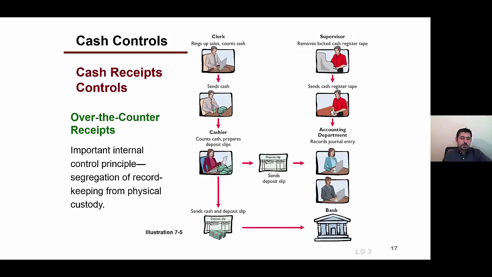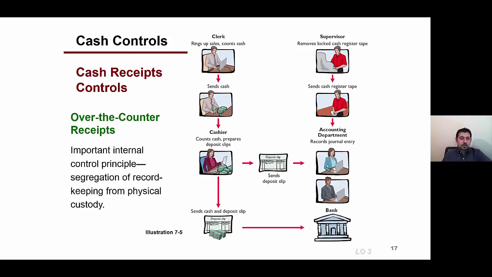At this point, when a cash sale is conducted, the clerk would ring up the sales on the cash register with the amount visible to the customer. Now, this prevents the cashier from manipulating the number or ringing up a lower amount and basically taking the difference. And the assumption here is that the customer will be looking at the screen and making sure that the amount rung up by the clerk is correct.